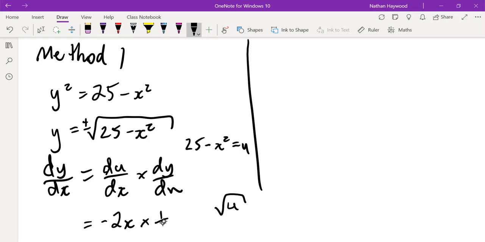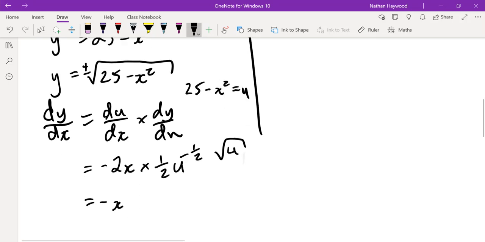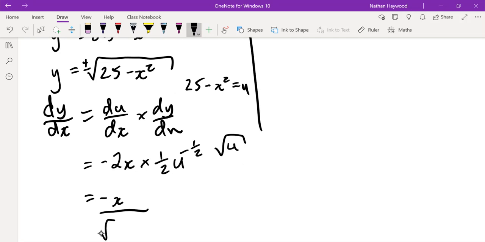So a half u to the negative half. So the 2 and the half cancel out, and you can sub what u is back in. So you're left with, bring that under the fraction. Does that make sense? So that's dy/dx.